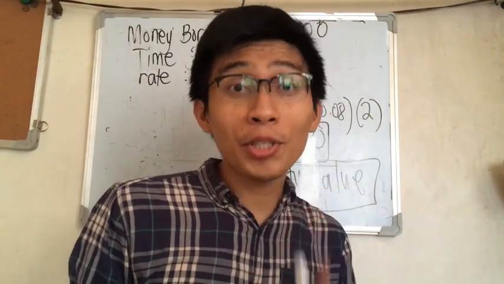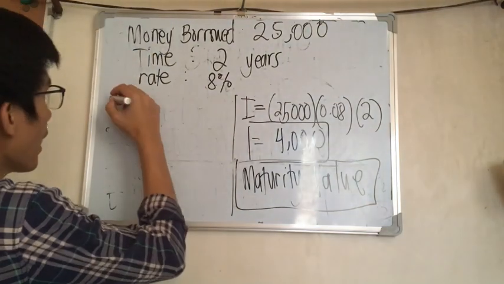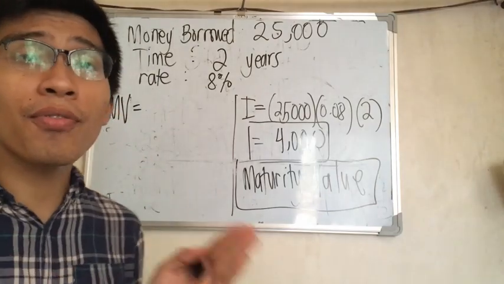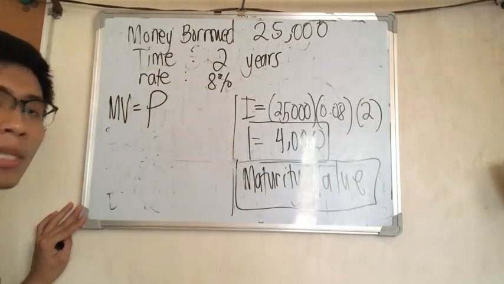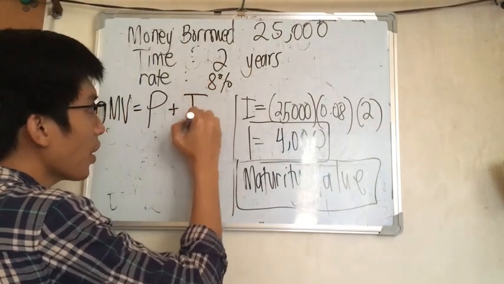Okay, so let's try to find the maturity value. So let's use the following variables, MV for maturity value. How to find maturity value now? Maturity value is simply the principal amount, or the amount that you borrowed, plus the interest amount.